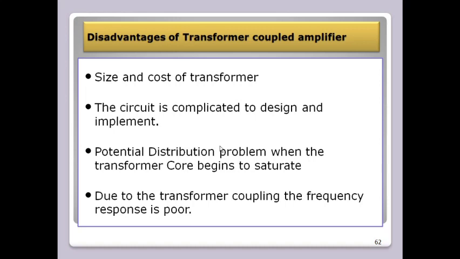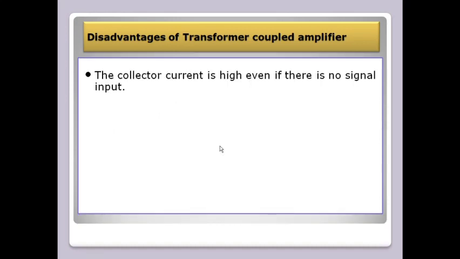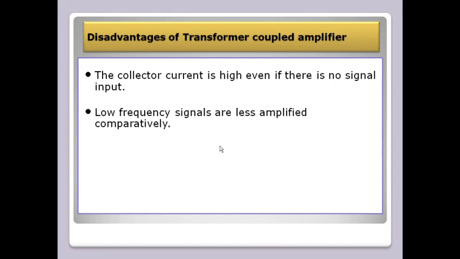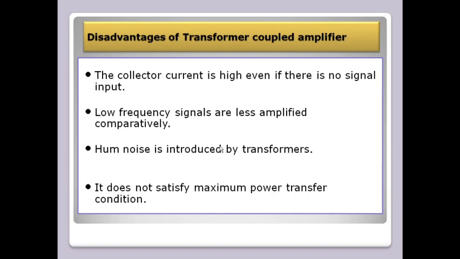As we have discussed in multi-stage amplifiers, the collector current is high even if there is no signal input, which is a drawback. Low frequency signals are less amplified compared with medium frequency, hum noise is introduced, which is also a drawback in transformers, and it doesn't satisfy the maximum power transfer theorem.